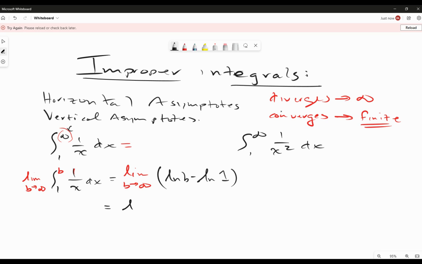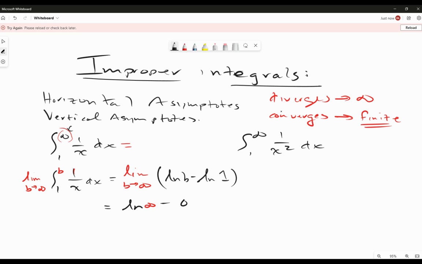When we do this, we get the natural log of infinity minus the natural log of 1, which is going to be 0.